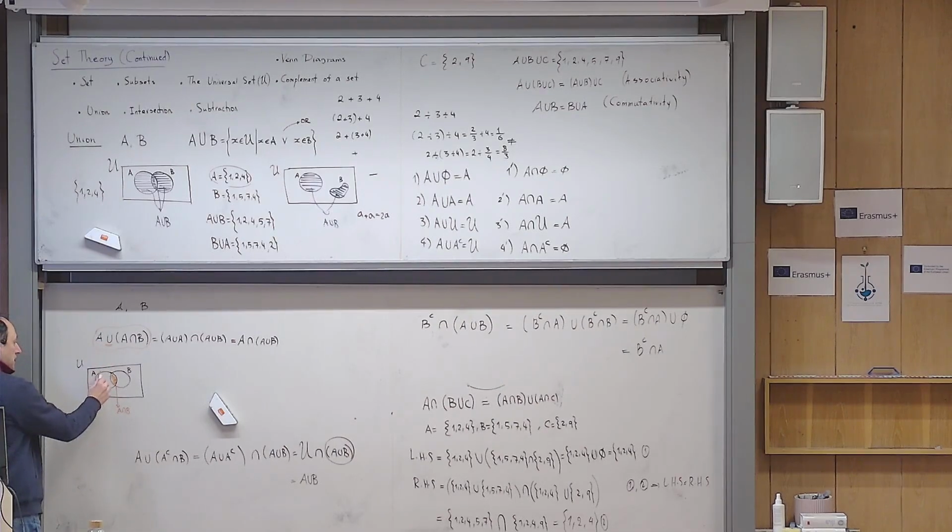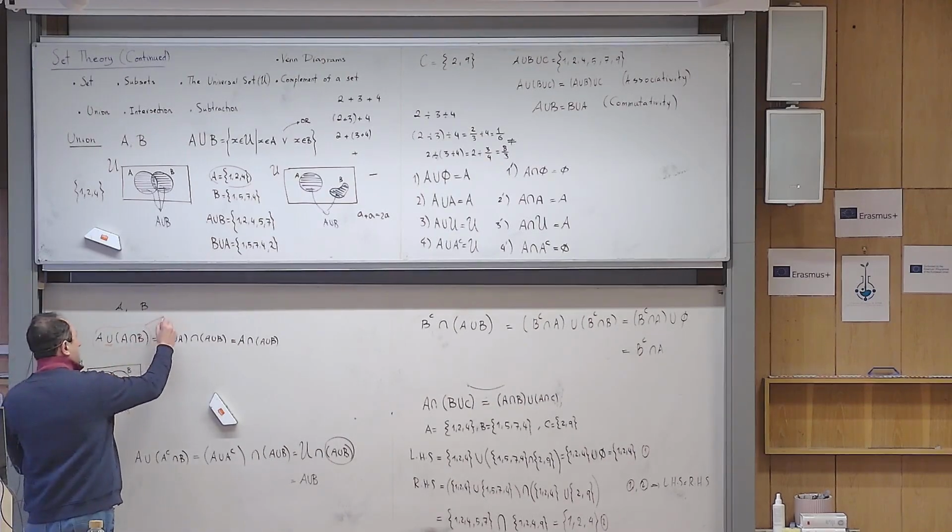So on the one hand, I have the whole circle. On the other hand, I have this orange region. And I want to append them, okay? But I'm not allowed to repeat something more than once. So what do you think will happen? Get A. Get A, do you agree? Because if I have my A, and then I want to append the orange part to it, so I'm doing nothing. So what I expect the answer should be A.